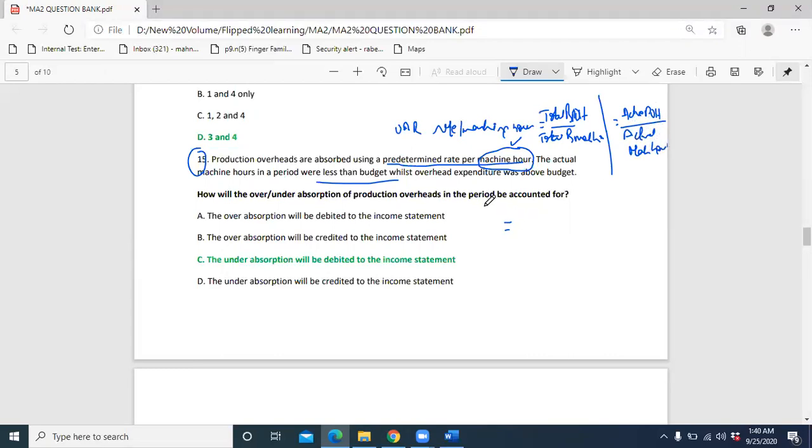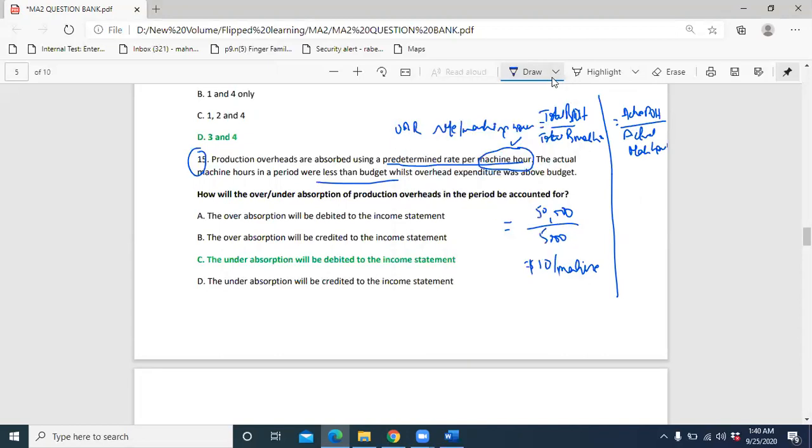And what was the scenario? It says that actual machine hours in the period were less. For example, the cost was 50,000 and 5,000 were the budgeted machine hours. So what was the rate? Standard overhead absorption rate was 10 per machine hour. So if actual machine hours would be less, right?